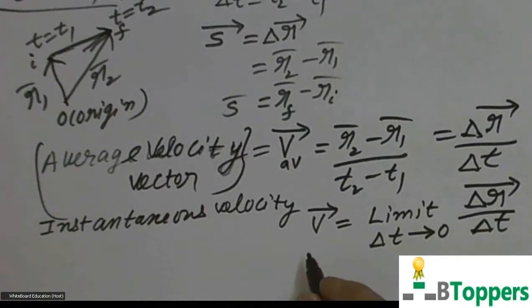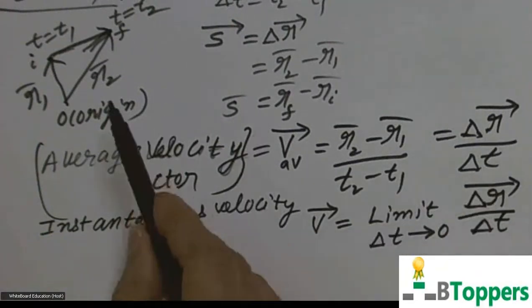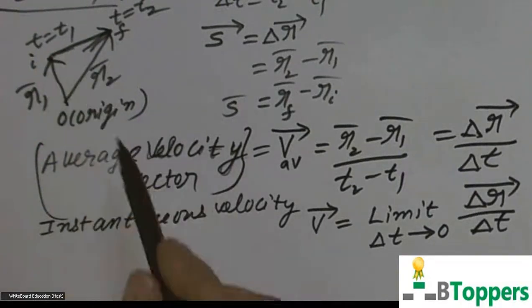So mathematically, if the time interval delta t is infinitesimally small, meaning tending to 0, then this average velocity for the time interval delta t approaches the velocity at the instant t equal to t1.